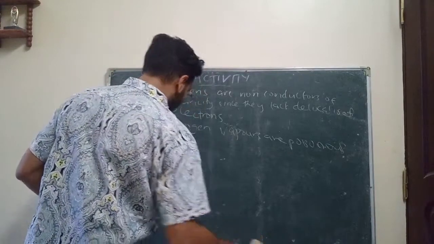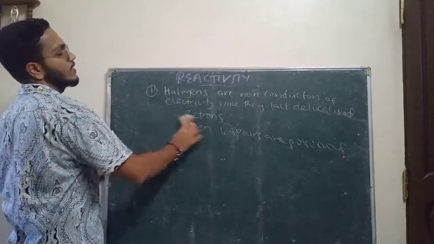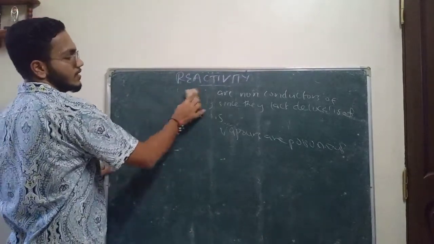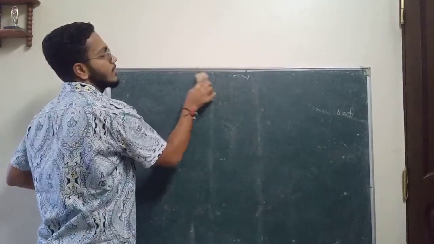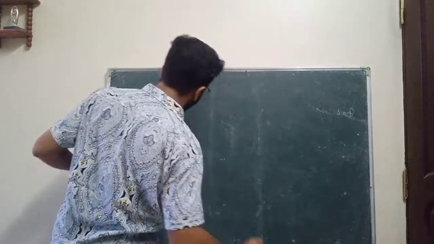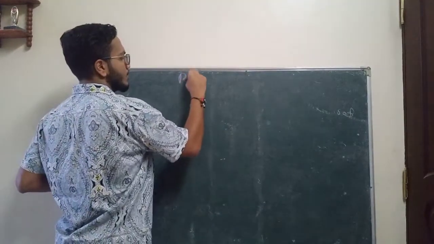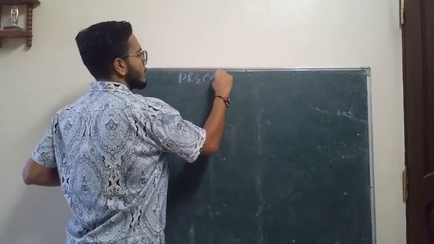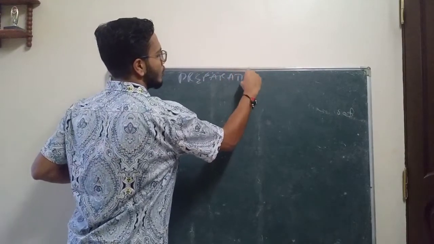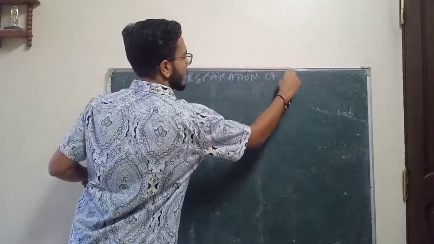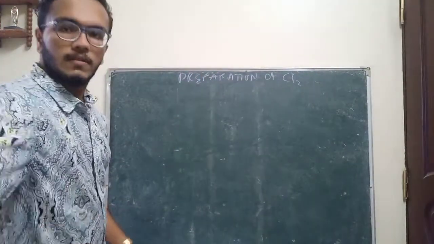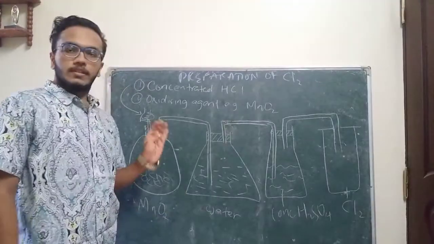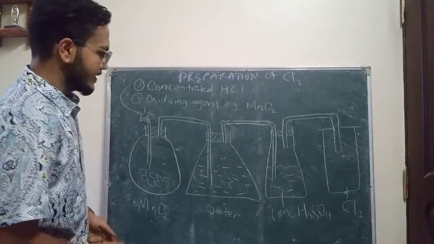Preparation of chlorine gas. Now, chlorine is the main halogen that is discussed in halogens. We must know how to prepare chlorine gas, Cl2.